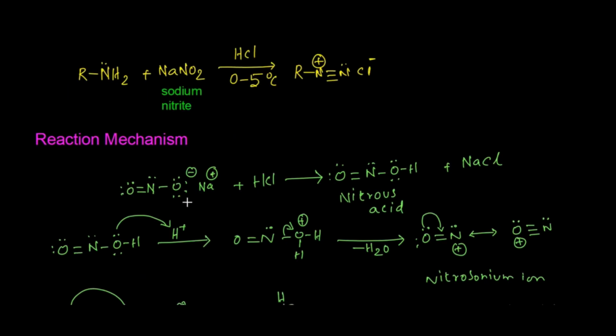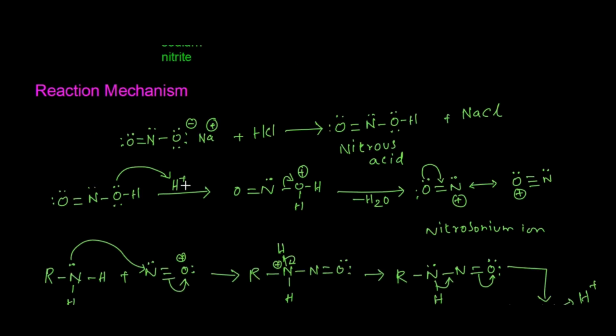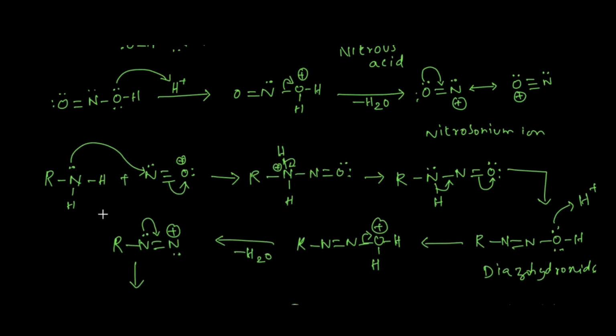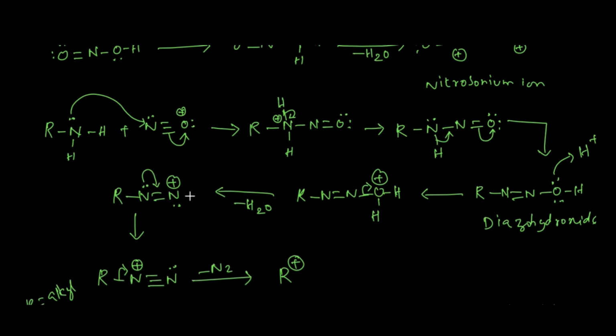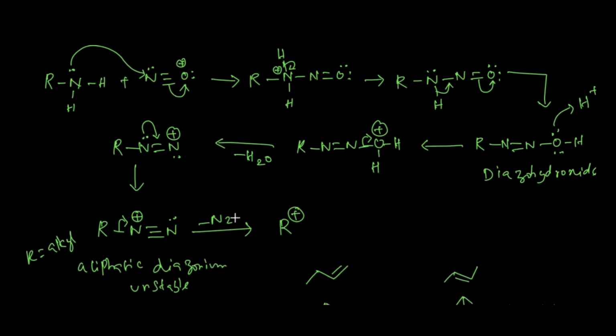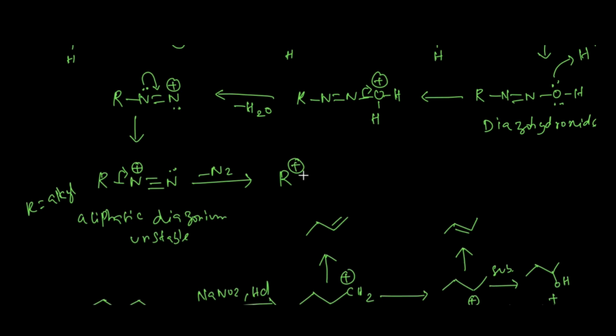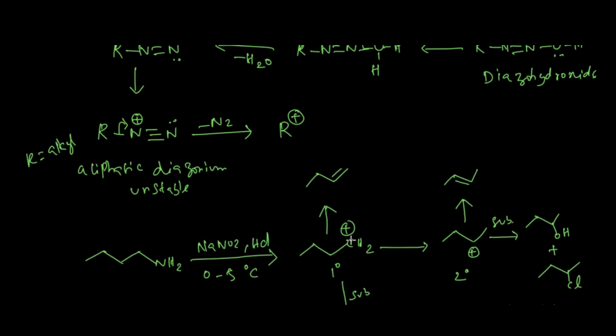This is the sodium nitrite. In the acidic condition it generates nitrous acid. The nitrous acid further reacts with the acidic medium. It forms a nitrosonium ion. That nitrosonium ion reacts with the amine, so it generates this type of diazonium salt. If it is aliphatic, that is highly unstable and it forms a carbocation. That carbocation may get rearranged, that we already learned.